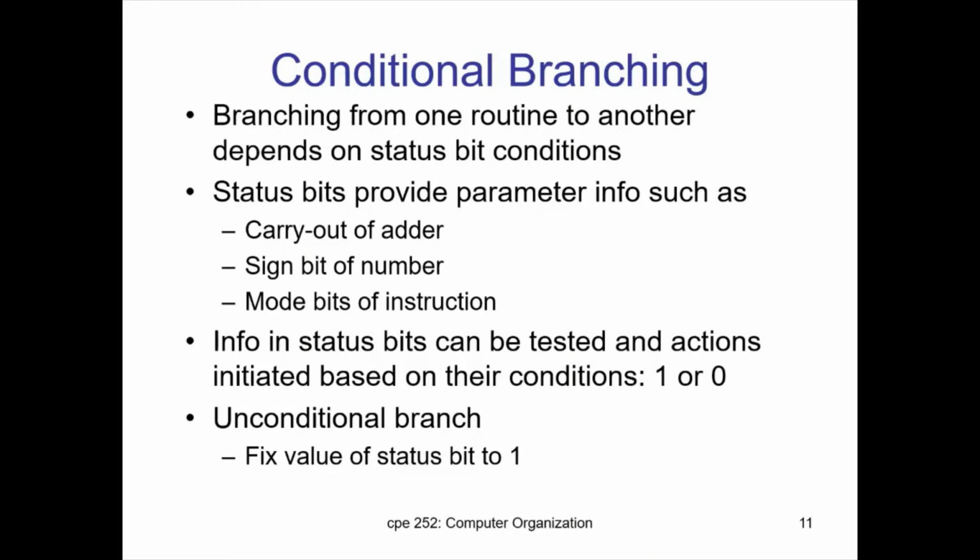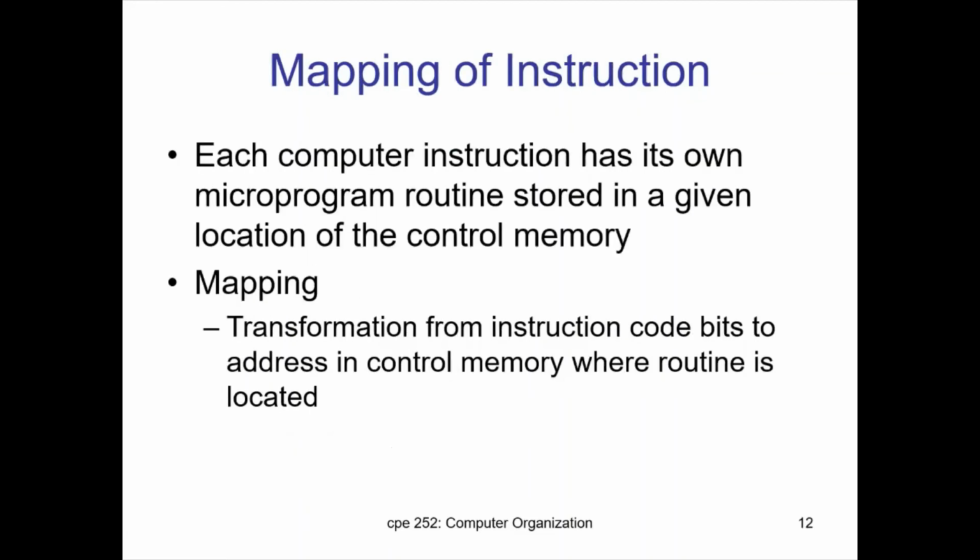These are some of the important concepts behind micro-programmed control, or hardware control of a computer. Mapping of instruction is a very easy and very important concept. The concept behind the mapping of instruction is that each computer instruction has its own microprogram routine stored in a given location of the control memory.